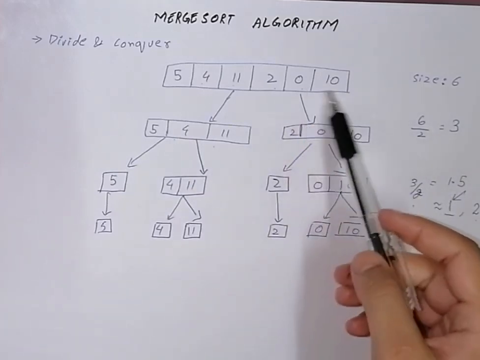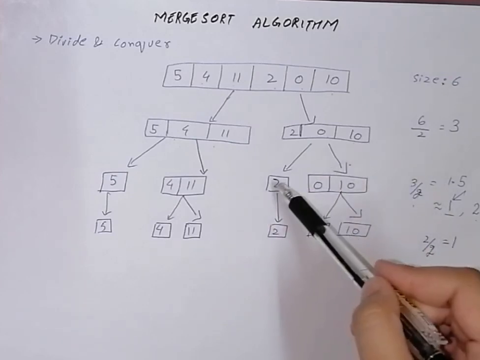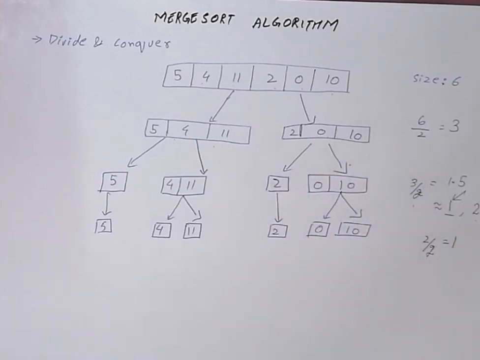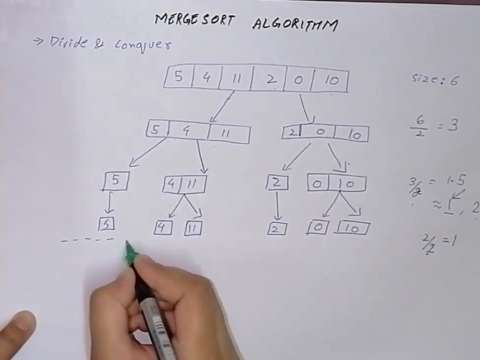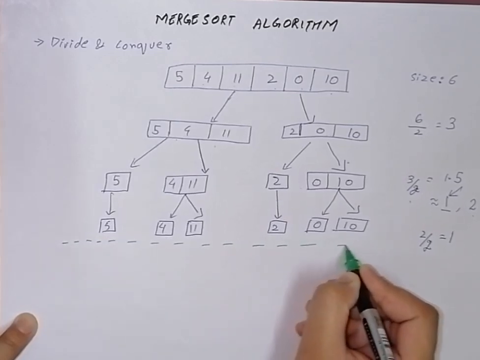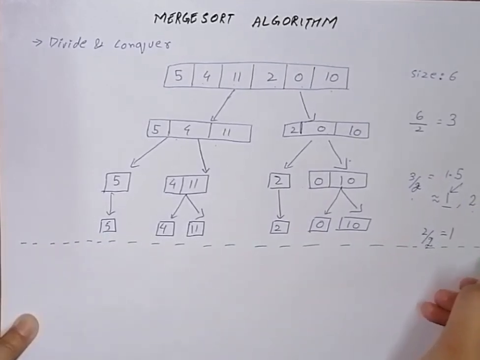If the size is odd, then one of the split arrays would have one more element in size. Okay, at this particular level I'll just draw a line for you like this. So this basically concludes our division part.